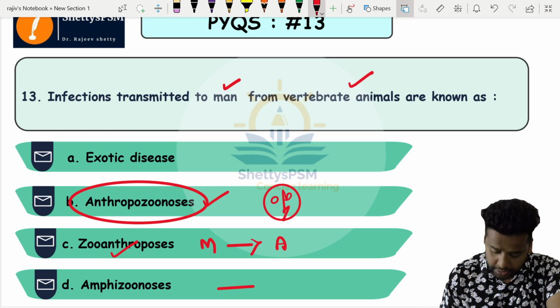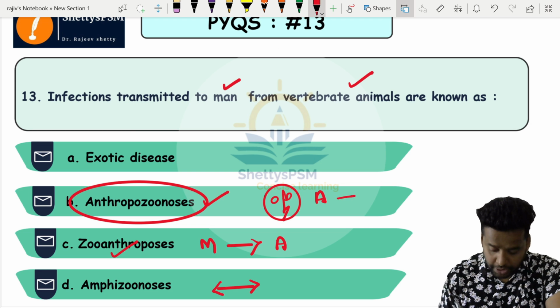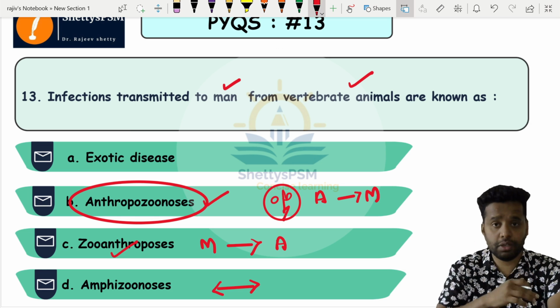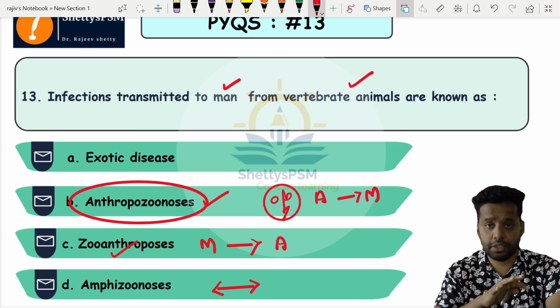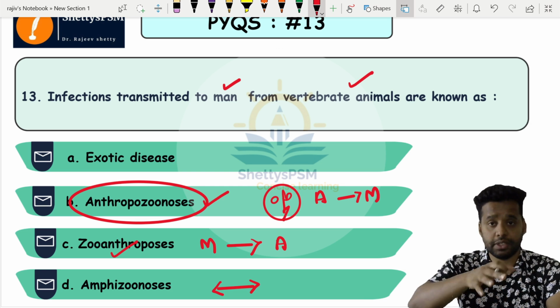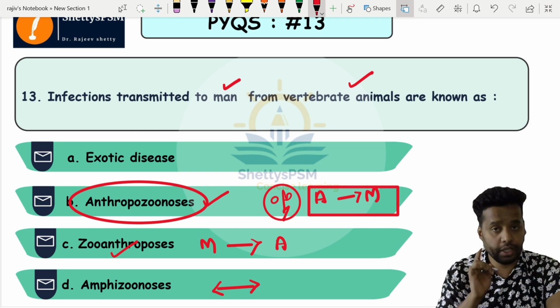Either direction is amphizoonosis. Repeat: animal to man is anthropozoonosis, like rabies. Man to animal, reverse, is zooanthroponosis. Either direction is amphizoonosis. But for you, anthropozoonosis is very, very important.